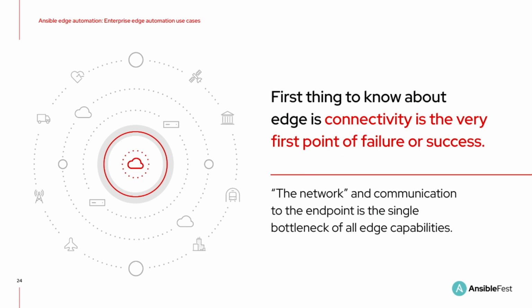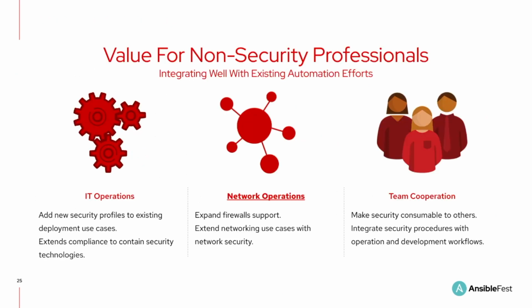The network is the communication layer to the endpoints, and it is the bottleneck for these edge use cases. And it's very expensive. At some remote sites you have only satellite connections, which are very expensive and have high latency. So you have to manage the network in the safest and most secure way.